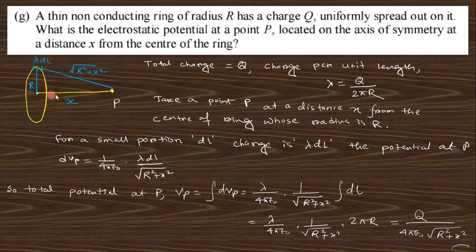Take a small element, so the potential due to this small element at that point equals 1 by 4 pi epsilon times charge over distance. The charge is lambda dl, where lambda equals q by 2 pi r, total charge q over the periphery 2 pi r, and the distance is root under r square plus x square. If you take the total integration, these are constants, and only dl is the variable. So if you integrate dl, you get 2 pi r, and lambda times 2 pi r gives q. So putting this value, you get this expression.